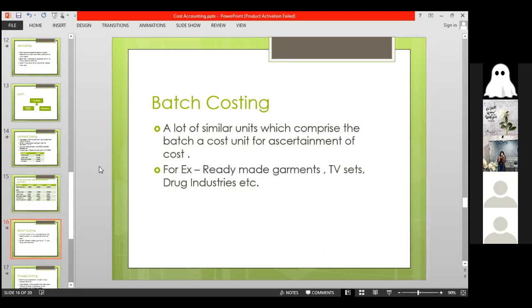A lot of similar units comprise a batch, a cost unit for a certain amount of cost. For example, ready-made garments, TV sets and drug industries. They manufacture in batches.